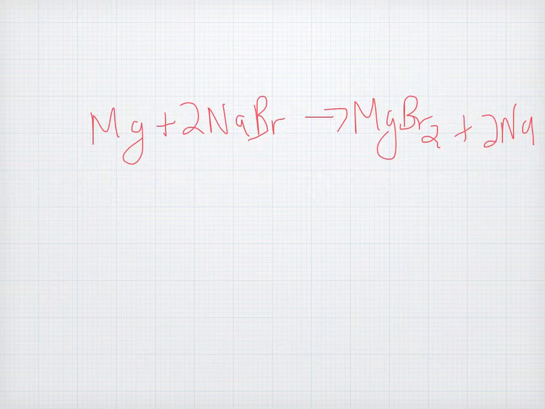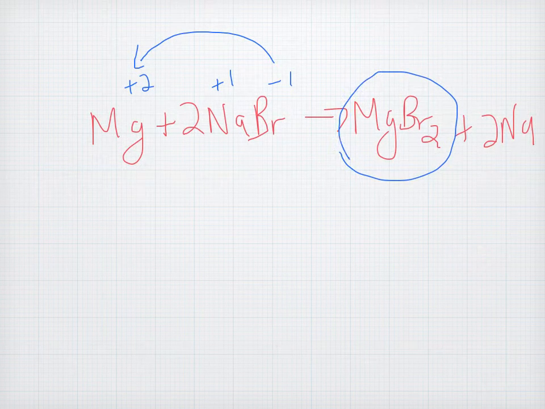So my Mg is positively charged. My Na is positively charged. My Br is negatively charged. So that means that my Br is switching to join up with my Mg. And that's what happened here. And my Na is left by itself.